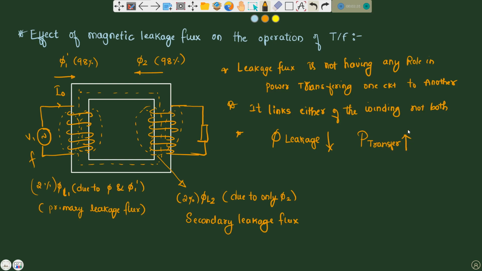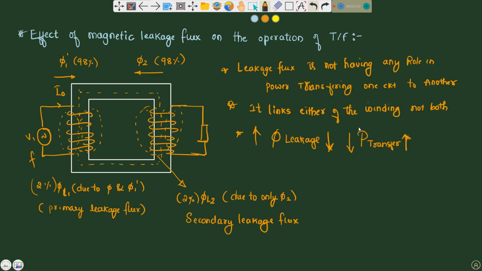Understood? The more the magnetic leakage flux, the lesser the power transfer capability. The lesser the leakage flux, the more the power transfer capability.